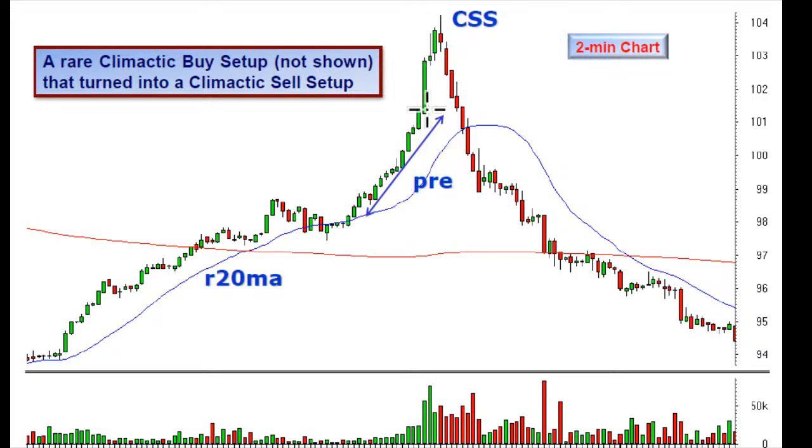But when it starts to print wide range bars and goes vertical, at that point it's too late to get in, because it can flip on a dime. But as long as it's sped up, not rallying at the same speed as before but not vertical yet, you can do it.